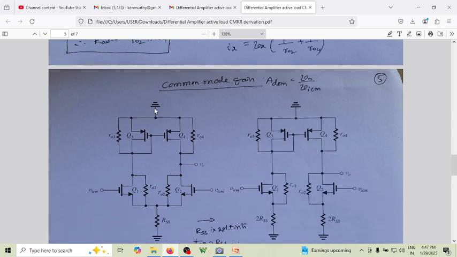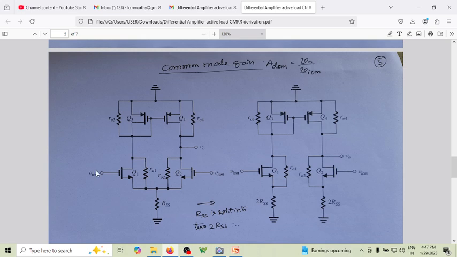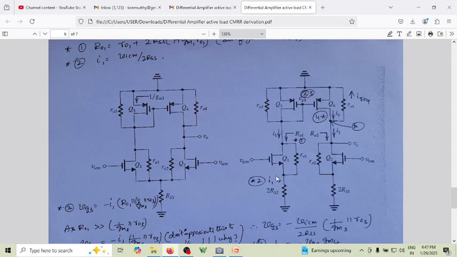Next, of course, you have to find the common mode gain. For common mode gain, as you can see here, the same input is given to both of them. Now this RSS has been split onto either side as 2 RSS, 2 RSS, and we are trying to find the current flowing through them. This is the current flowing through this, which is given as VICM by 2 RSS, because this node has almost the same voltage as your VICM, so that's why it is source degeneration.